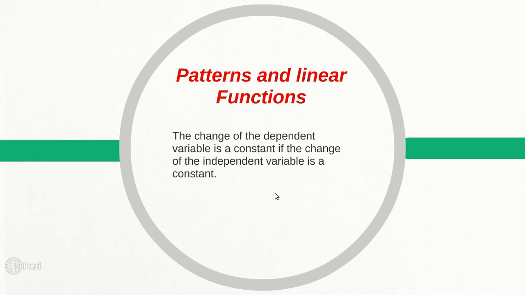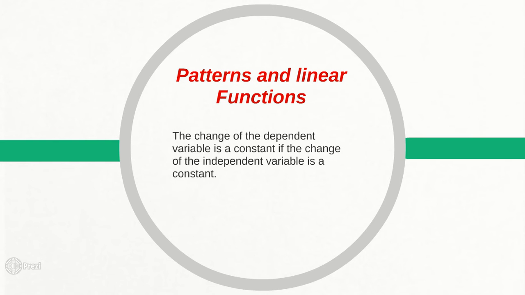Now, what about patterns and linear functions? What if we have a pattern, a relationship between two variables, and we want to know if it's a linear function, if the graph is a line? You have to check the change of the dependent variable.